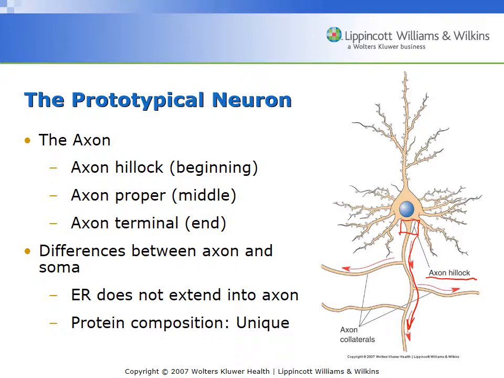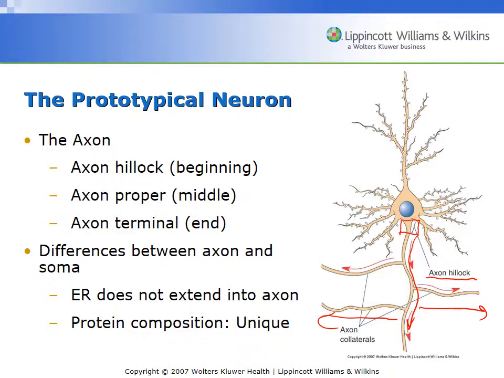Axons often branch, and these branchings are called axon collaterals. And there are several different types of them. These can travel long distances also. They can communicate with different parts of the nervous system. Some occasionally can return to communicate with the same cell or to dendrites of neighboring cells.